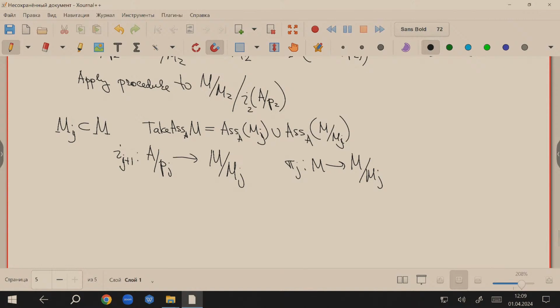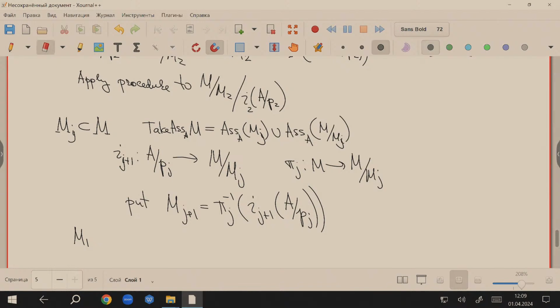So you can put Mj+1 to be the preimage under pj of the image of I j+1 of A mod Pj. What you get is a sequence of modules M1, M2, etc., Mj, etc., Mn.